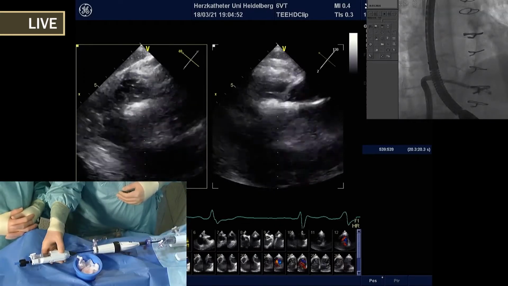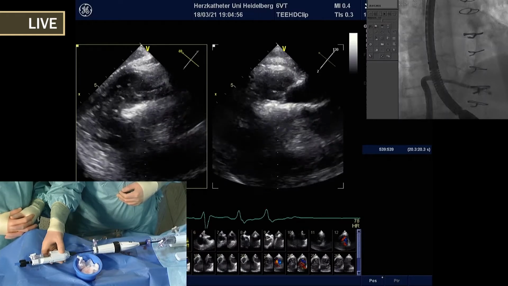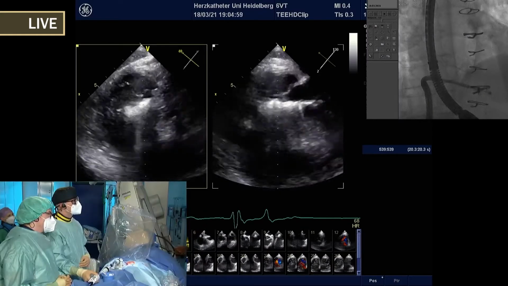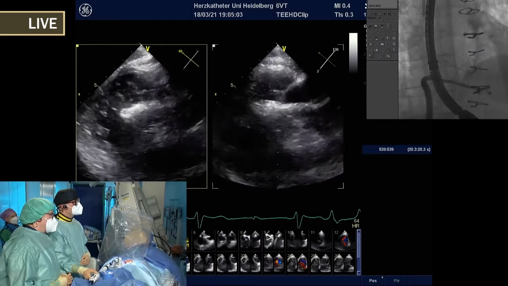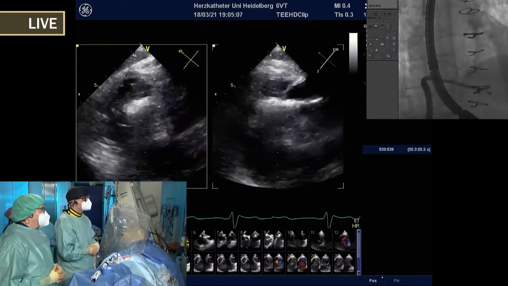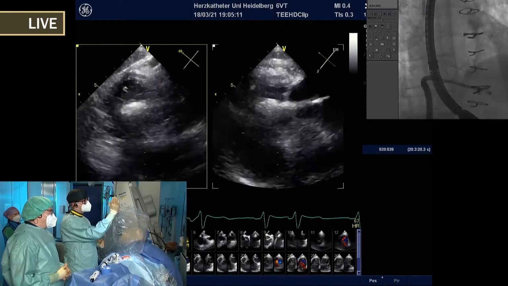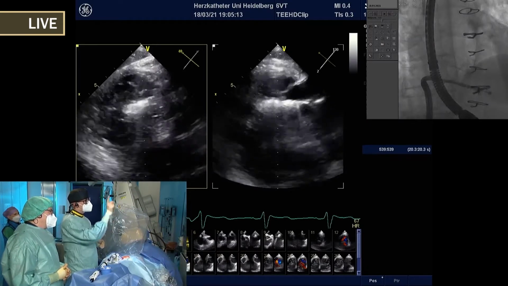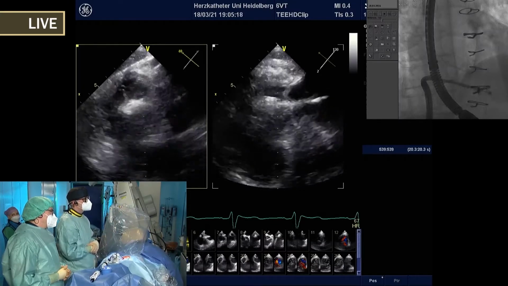So here you can see we are in the transgastric view, and we are trying to find the right spot where we want to start with our first grasping of the valve. Our strategy in this case, I don't know what the panel thinks, was to place one clip very central in the anterior septal commissure, almost there where we are already.